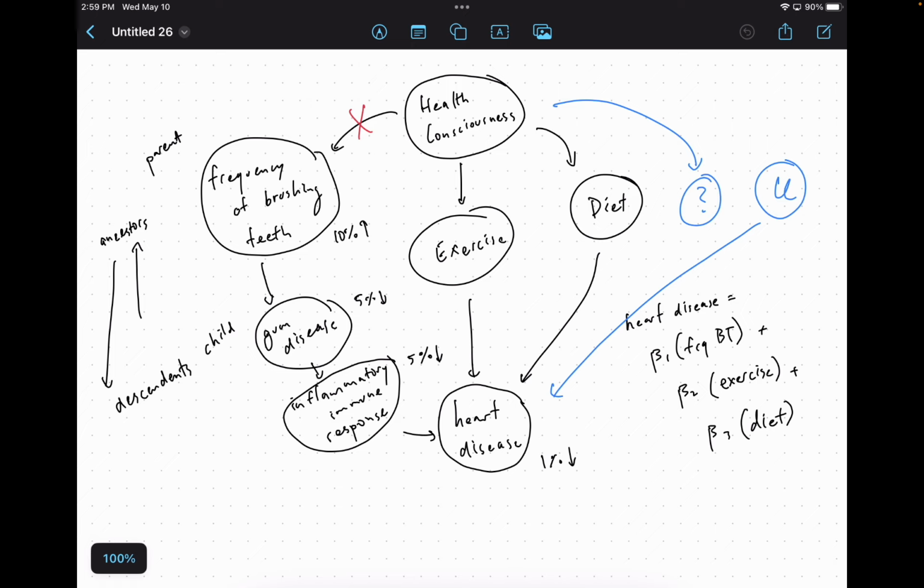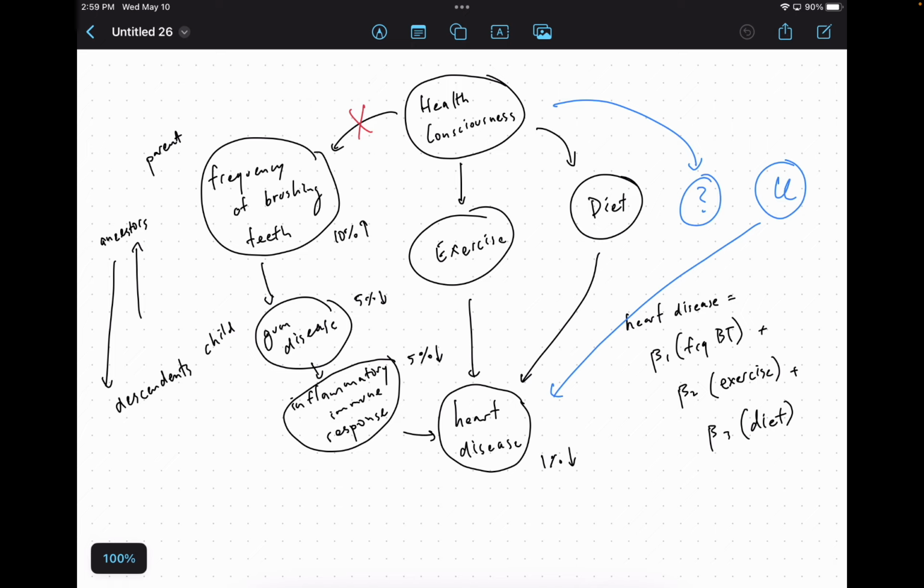It would flow through here, it would affect how often you brush your teeth, but we could plausibly say that the dentist saying brush your teeth isn't going to make you exercise more or change your diet. Let's say they say, you can eat whatever you want, but brush your teeth more, right?